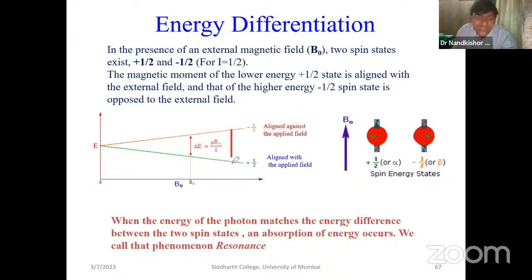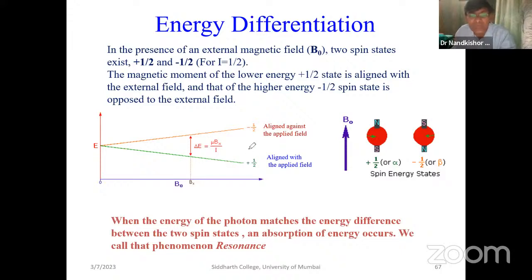So this energy gap matches with what? The energy from radio waves. That amount of energy found in radio waves exactly matches this quantum, the photons we are talking about, needed to transit plus half into minus half.